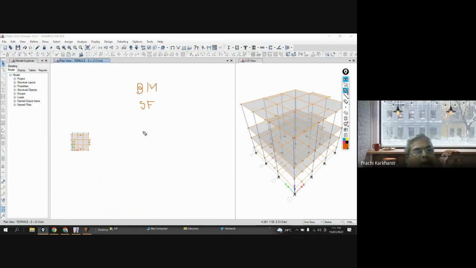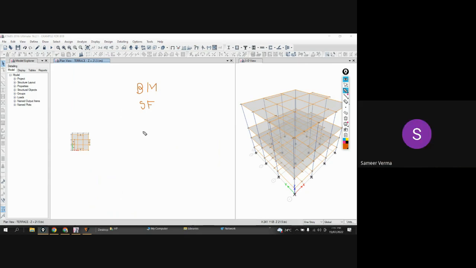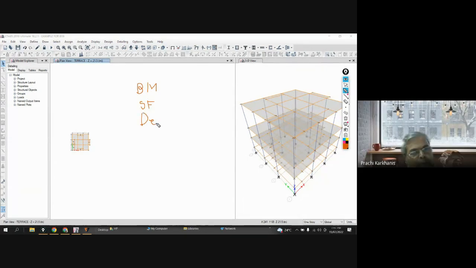No, you can consider that only after design. Here you have not designed anything. Deflected shape. Deflection. Okay, good. Let's say deflected shape, or deflected diagram, or you can say shape.